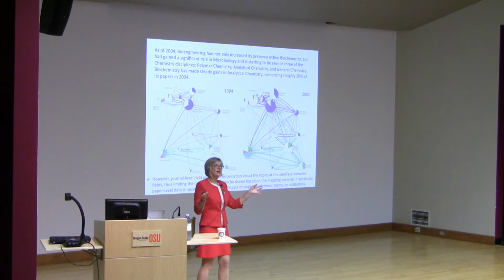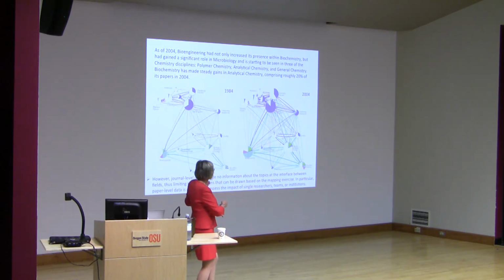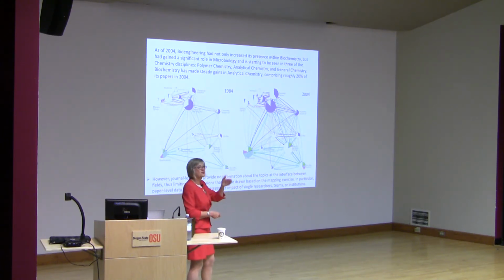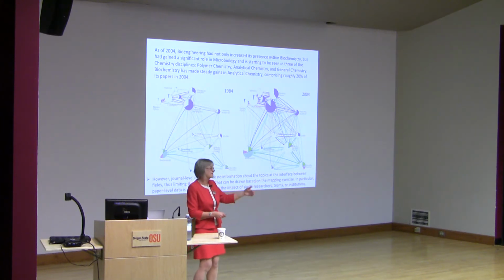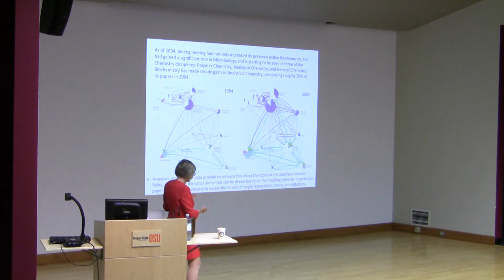However, if you do that, you only know that chemistry feeds into biochemistry and vice versa. But you don't really know what types of research is going on at the interfaces, because this is really done at the citation level and the journal level, not the individual article level.